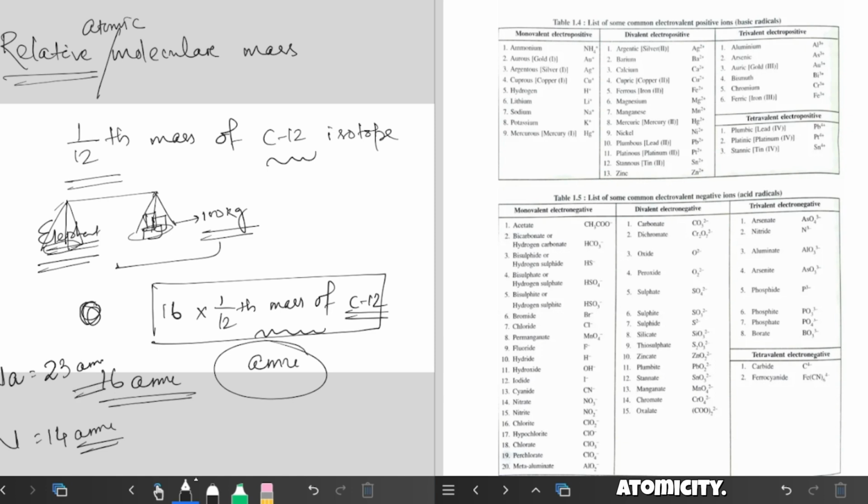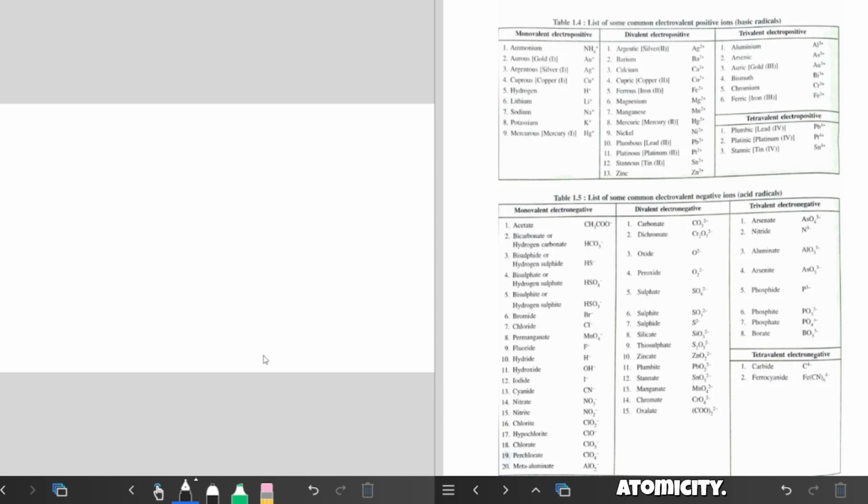Clear? So this is the relative atomic and molecular mass. I know in the book many things are given, but I am not saying those things because it is not necessary. At the end we need to know how to calculate the molecular mass, how to calculate the mass percent, and so on, right?